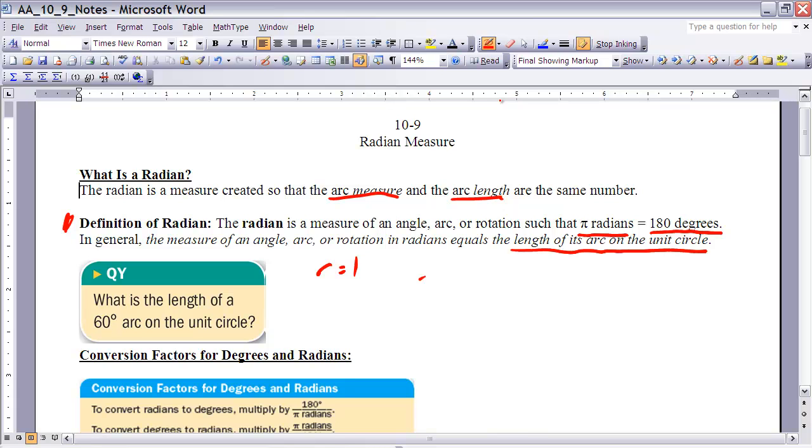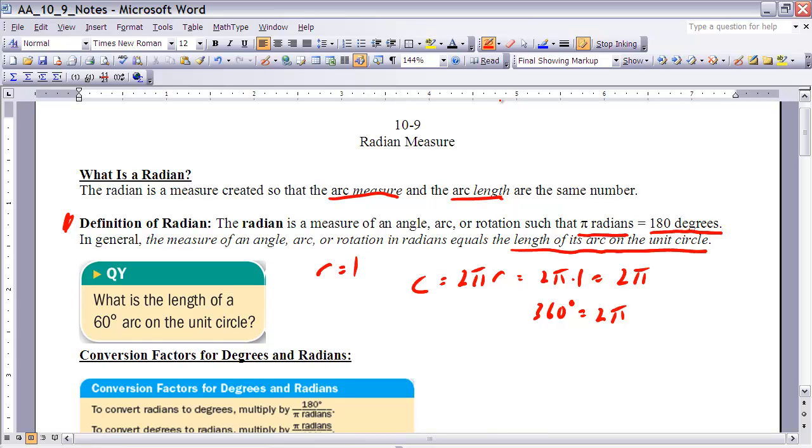Therefore, the circumference of that unit circle is 2 pi r, or 2 times pi times 1, which is equal to 2 pi. Therefore, we can say 360 degrees is equal to 2 pi. The measure of the whole circle would be 2 pi, or 360 degrees.